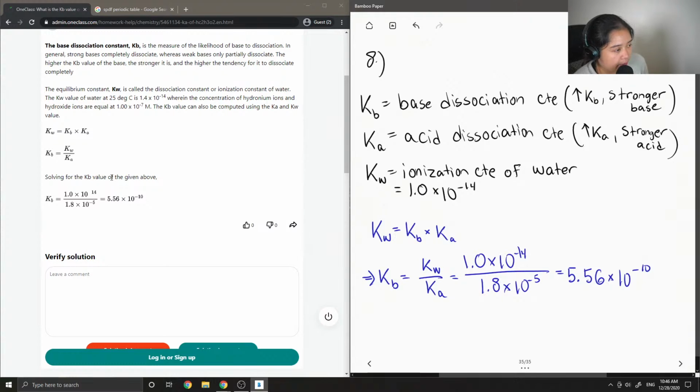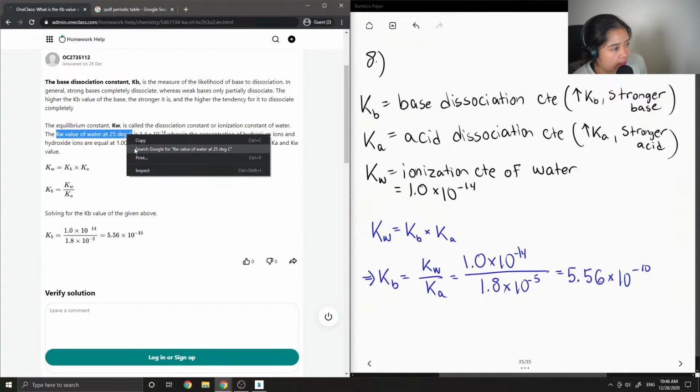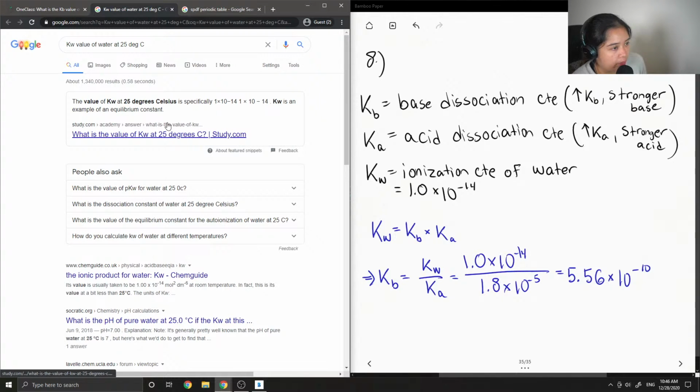Solving for the Kb value given above, 1.0 times 10, I think they mean to the negative 14, divided by 1.8 times 10 to the negative 5, gives 5.56 times 10 to the negative 10. Okay, so let me just fix this typo.